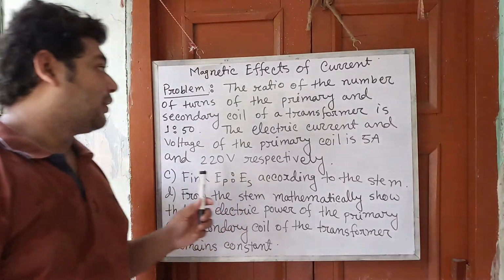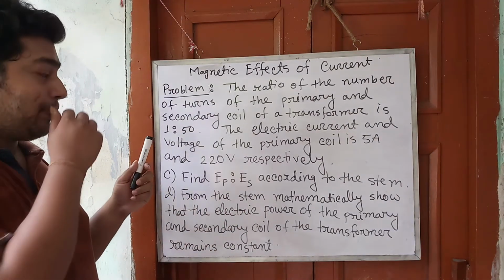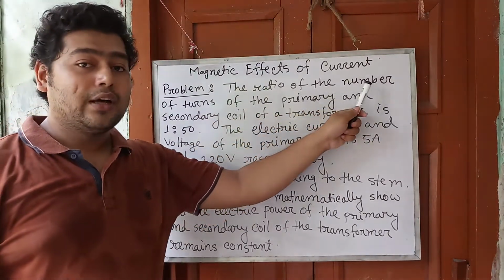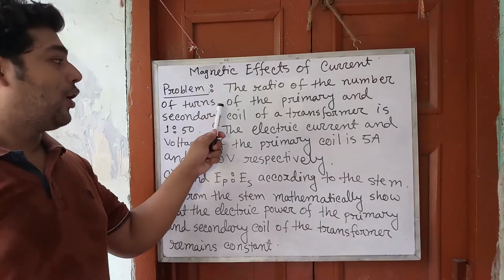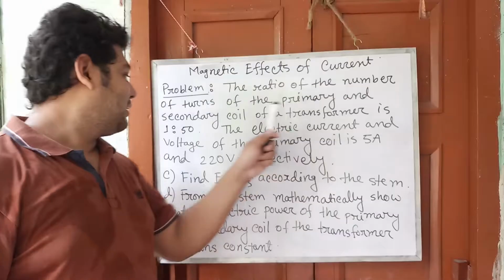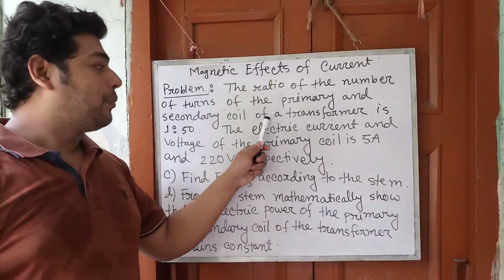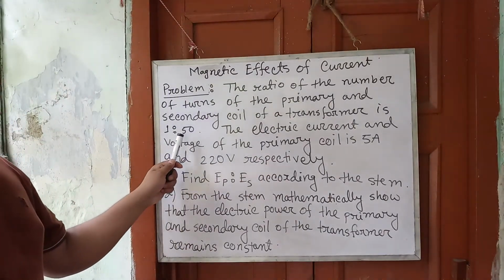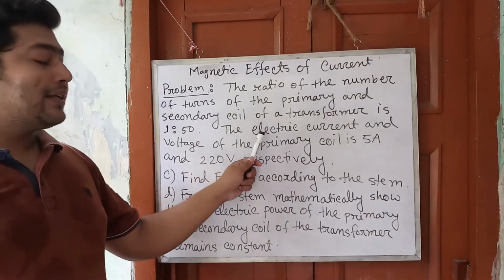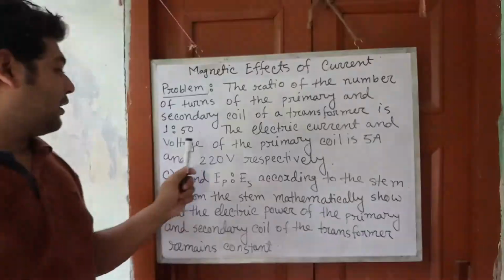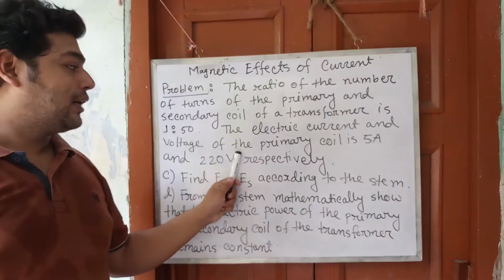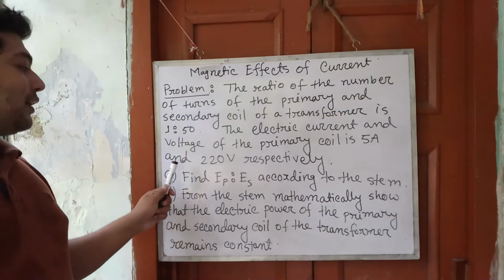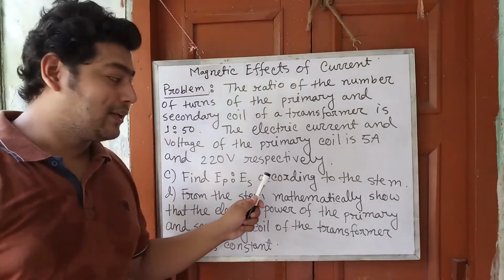Okay, I'll repeat our mathematical problem. The ratio of the number of turns of the primary and secondary coil of a transformer is 1 is to 50. The electric current and voltage of the primary coil is 5 ampere and 220 volt respectively.